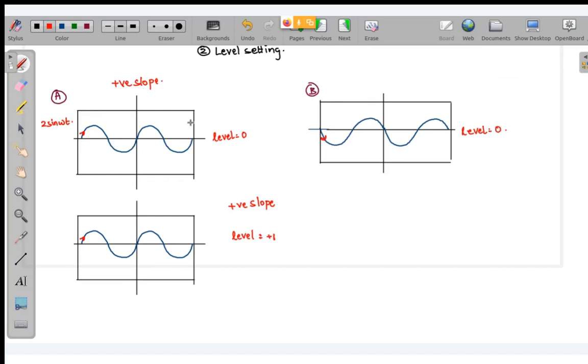Average value is 0. Now the moment I tell you that the level is +1, the average value of the signal is equal to 1. So what will happen? This signal is going to shift somewhat upward like this.